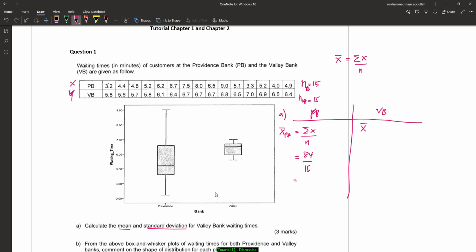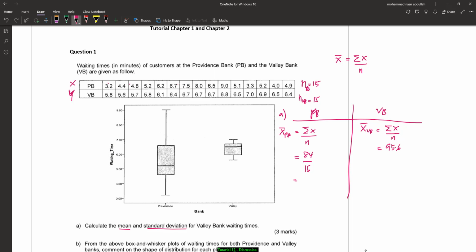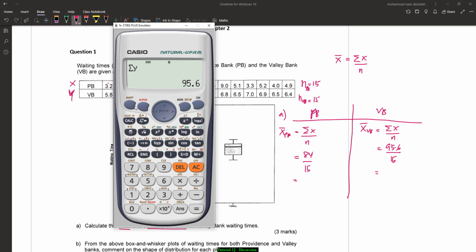So x bar for VB, summation of x divided by n. This one should be 95.6 divided by 15. No need to calculate, but you can if you want. Shift 1 and press variance, number 4.